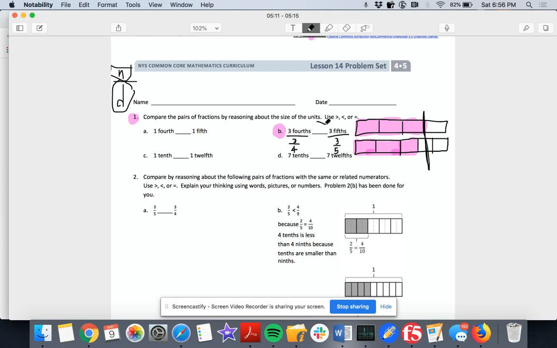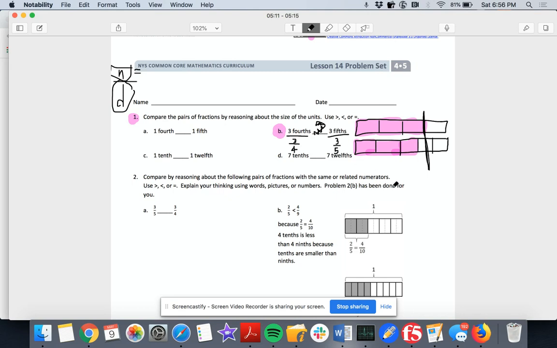So then I'm going to go ahead and showcase that 3/4 is actually greater than 3/5. And an easy trick to this is that usually when the numerator is the same and the denominator is smaller, that number is greater.